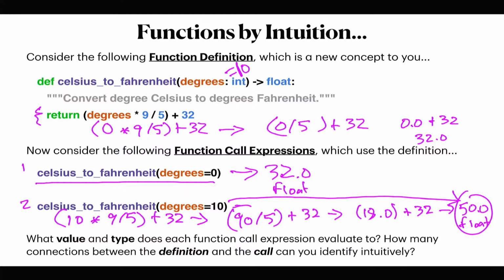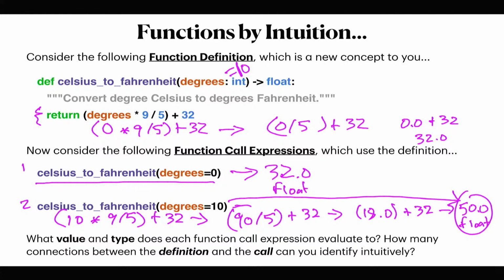If you're going to write another definition, say Fahrenheit to Celsius, do you still use the degrees operator? Great question. So the question is, if we wanted to write the inverse of this, Fahrenheit to Celsius, could we still use what we're going to come to learn is called a parameter named degrees? And yes, the names we give to our parameters only have meaning within the context of that function definition.